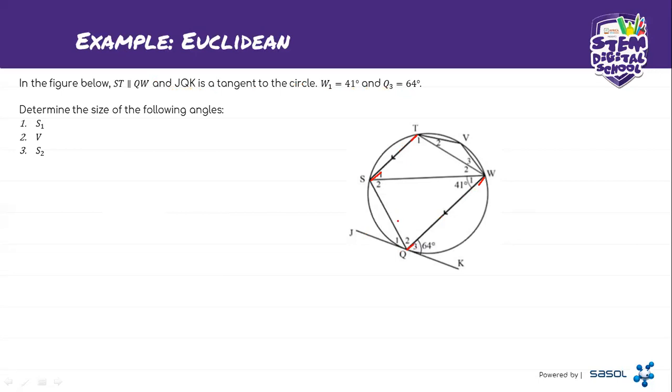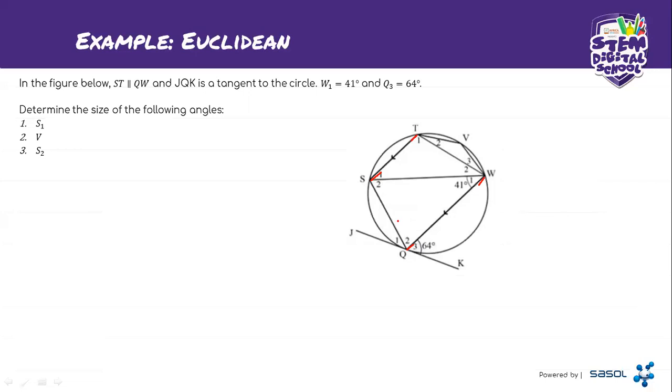Now before we can answer the questions, you can see that in this scenario we're having two sides which are parallel to each other. And every time you are having parallel sides, you must always think about alternate angles, corresponding angles, or co-interior angles.